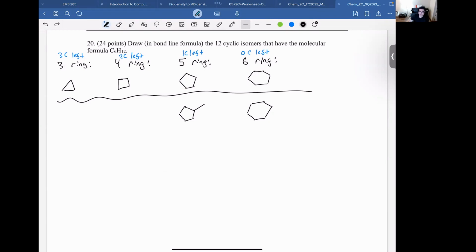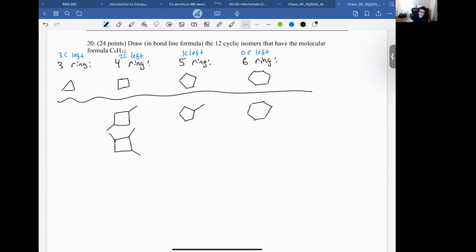Moving on to the 4-membered ring, I have 2 carbons left. Right, we have 12 isomers to account for, so there should be quite a lot here for the 3 and 4-membered ring. So the 4-membered ring, I'm just going to go ahead and put a methyl group there. One isomer is I put a methyl group across from it. Another isomer is I put the methyl group right next to it.